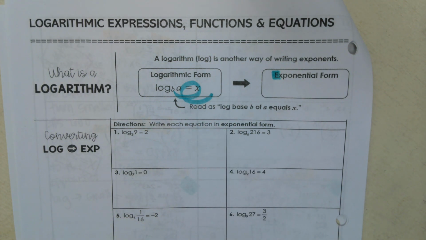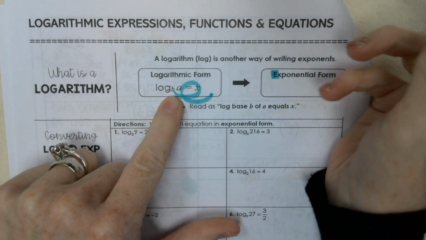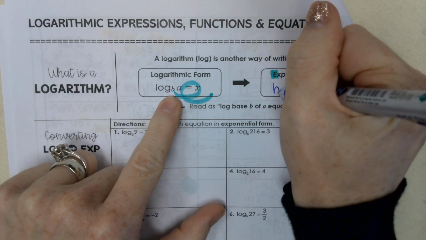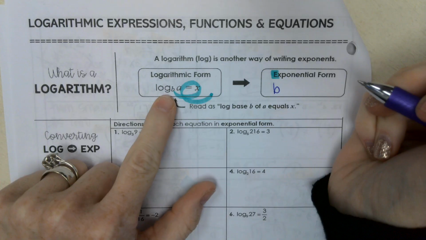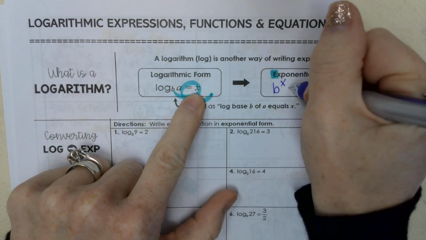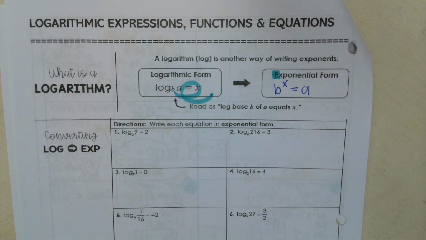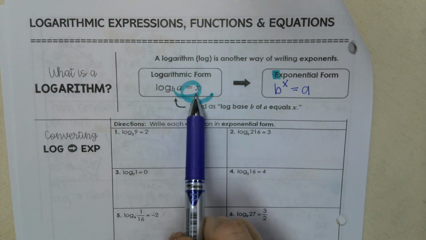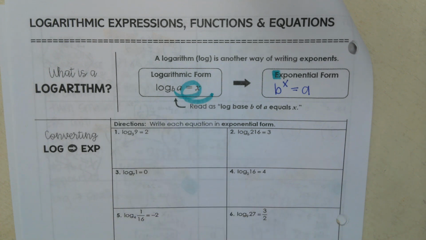The order that I touch these things is the order that I will rewrite them in. So this is log base b, so the b becomes the base of my exponential. This is going to be b to the x power is equal to a. I just draw this little e, the little loop-de-loop, to help me with my order.